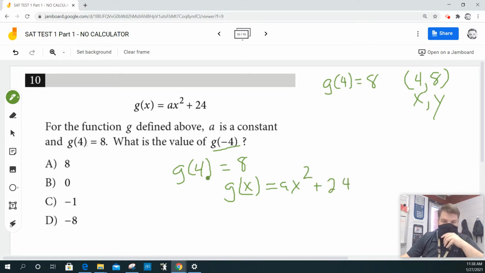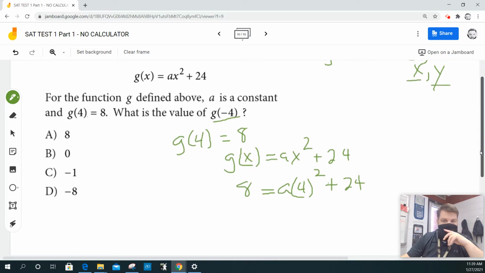And so when I plug in a 4, g of x equals 8, right? We're going to look at this: this is the x, this is the y. And that's equal to a times 4 squared plus 24. Okay?